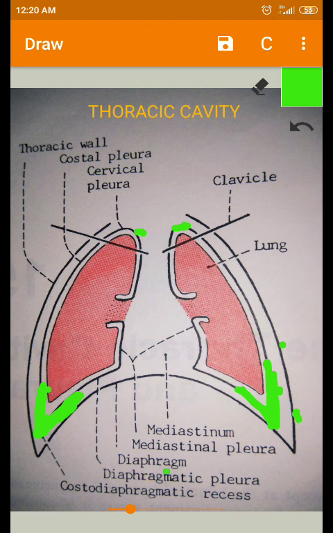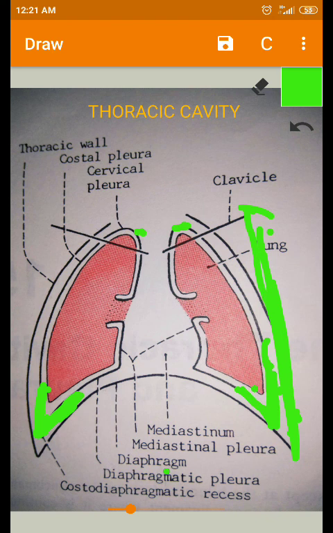We have the axilla here, and if you draw a line here, it forms the mid axillary line.